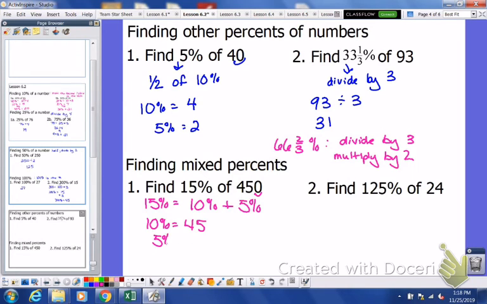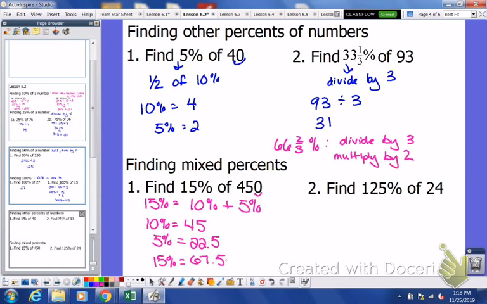Our 5%, we take half of 45, is 22.5. And then we add them. So our 15%, if we add these, would give us 67.5.